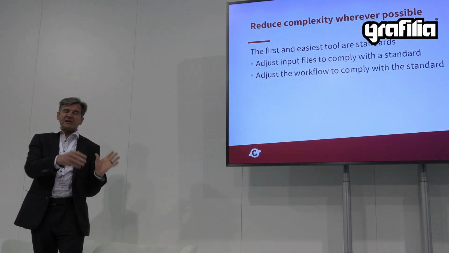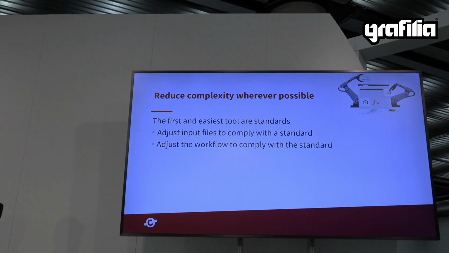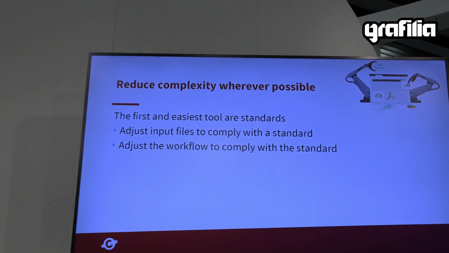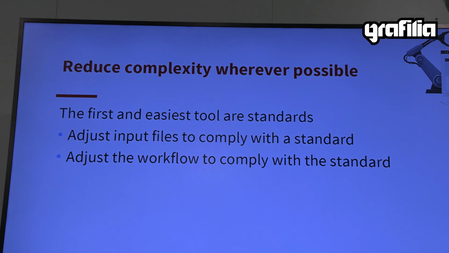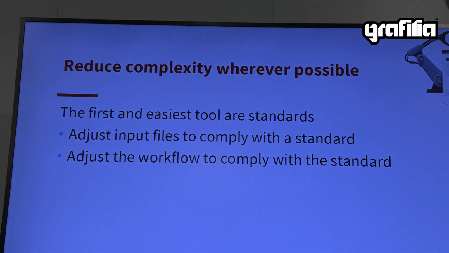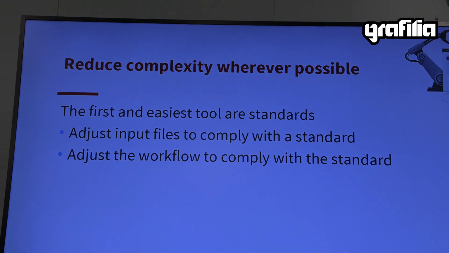The PDF file in itself is very complex. So you have a very complex file format, you have complex requirements in your workflow, and that creates a very complex situation when you want to create an automated workflow. And the easiest way to reduce complexity here is to use standards.